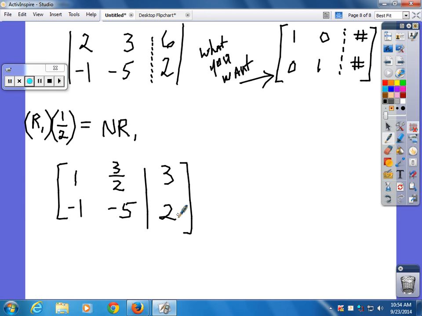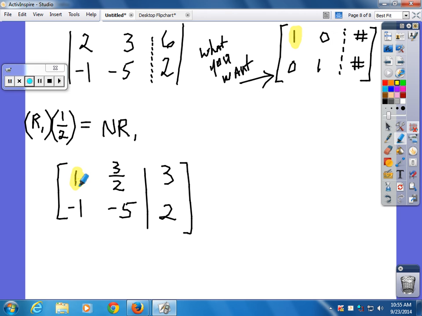And we have our 1. That 1 right there, we've got it right here. So we've got one of them. We've got 2 other numbers to get rid of, and then another one to make into a 1. So now I want to get rid of this -1.